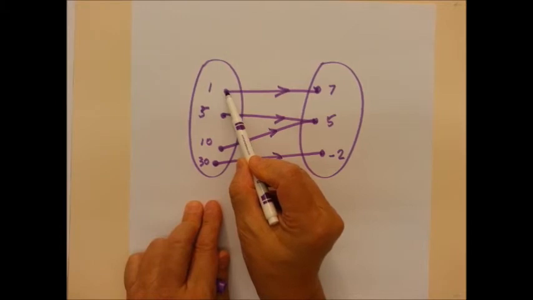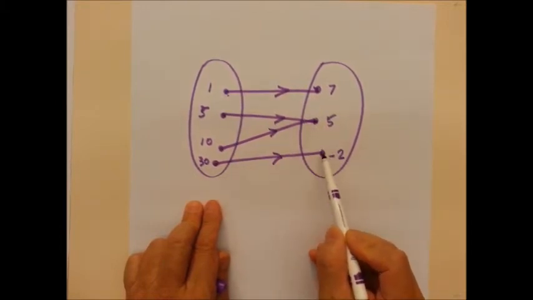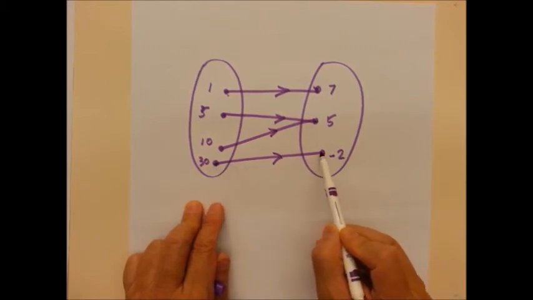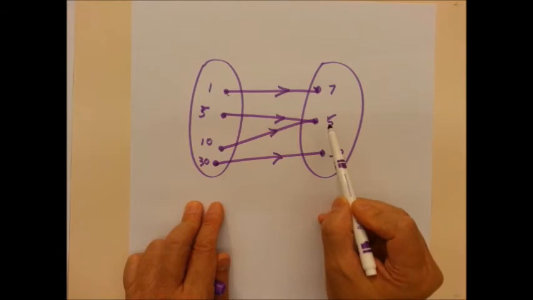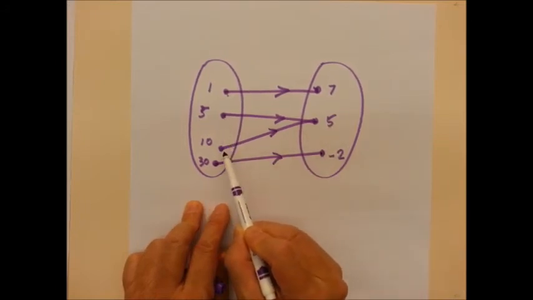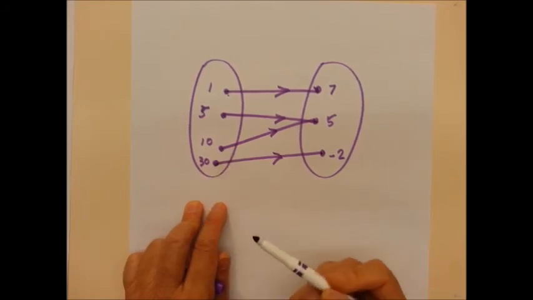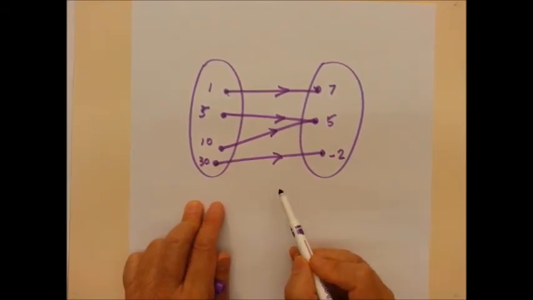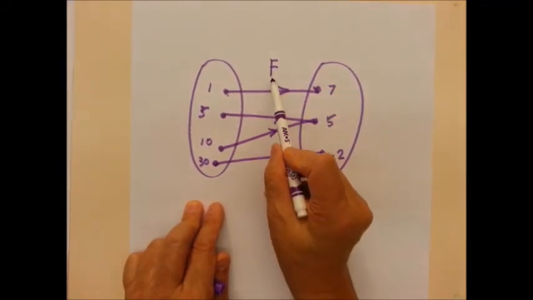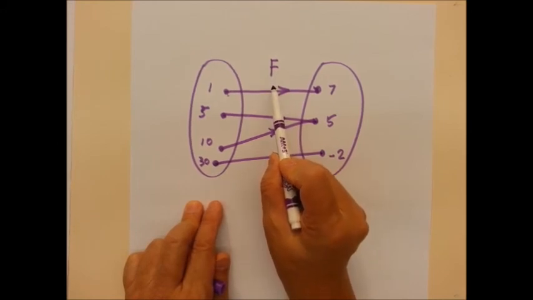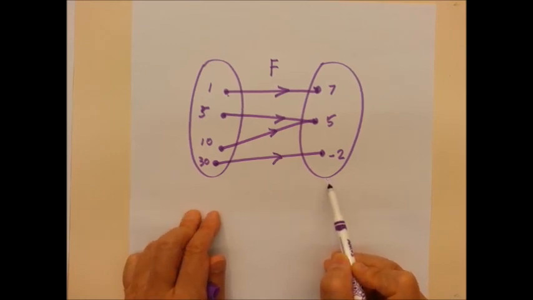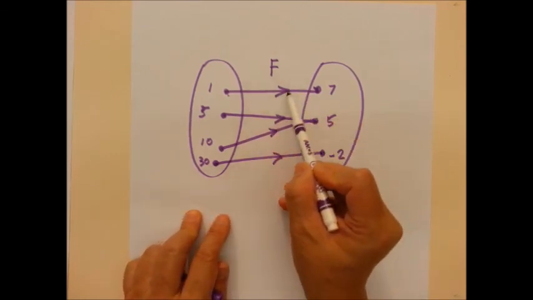For every input, there's output, right? And for every input, there's only one output. Well, you may see that 5 may be the output of the input 5 and the input 10. Well, that's okay. It is a function. So we write f here. We may say that f is a function. It connects the independent variable with the dependent variable. We say this is the mathematical function.